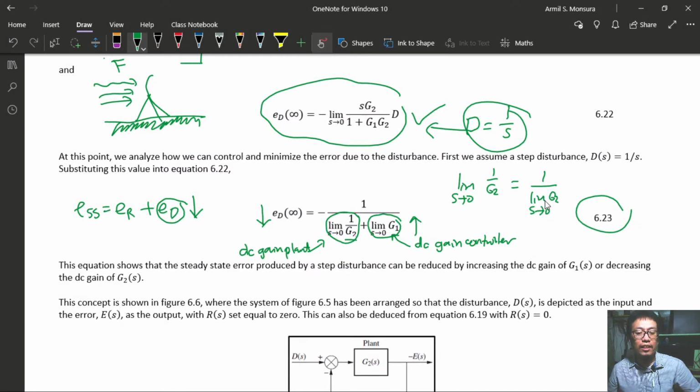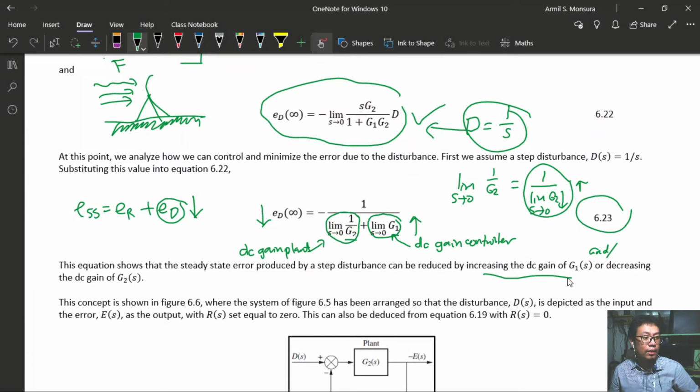So, kung yan yung DC gain, since nasa denominator siya, at again, gusto nyo mataas itong buong denominator, kailangan tumaas itong quantity na to. Okay? So, kung tumaas yan, kailangan mababa yung DC gain. Okay? That is why the steady state error produced by a step disturbance can be reduced by increasing the DC gain of G1. Okay, obvious naman siya dito. Or decreasing, actually, and or dapat ito. Kung pwede nyo pagsabahin na yung isa increasing, yung isa decreasing, mas maganda.